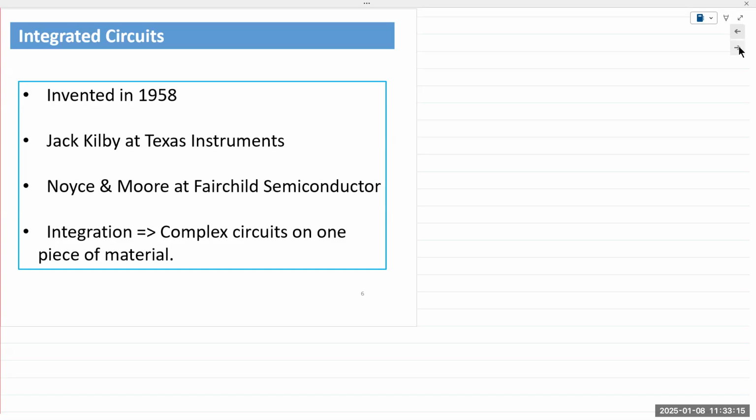So he had the idea: why not take all of these separate components and put them together onto one silicon or semiconductor block? Instead of mounting them discretely on a circuit board, he built all of those components directly inside one semiconductor block. And that's how the first integrated circuit was invented.